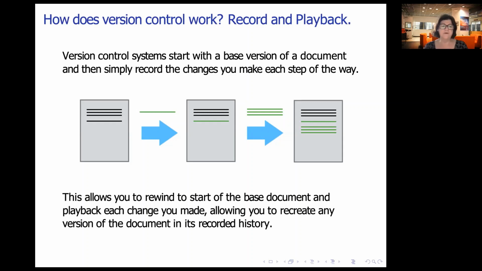So you have some initial base version when you start your repository, and every time you make a change, that gets recorded in a log file. And then that log file eventually has a lot of changes in it, and you can go back and rewind back to the start of the base document, or go back to some intermediate phase, a change.